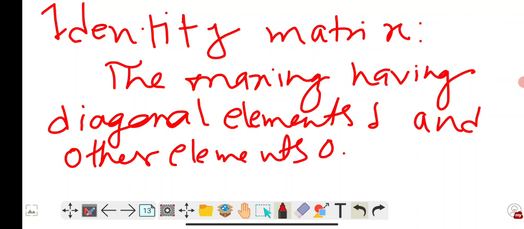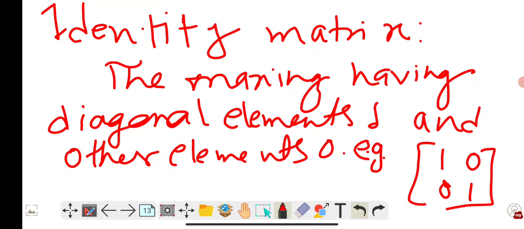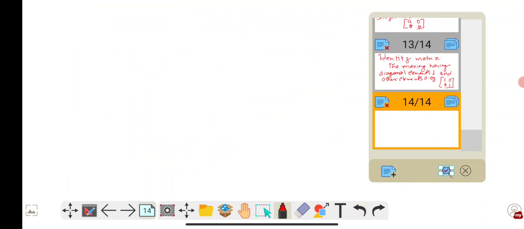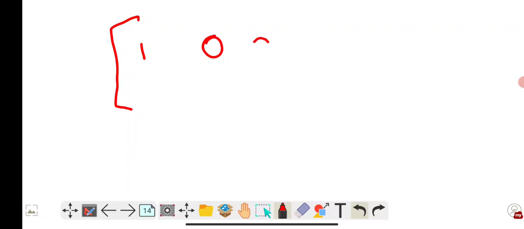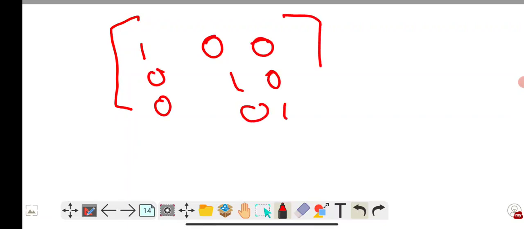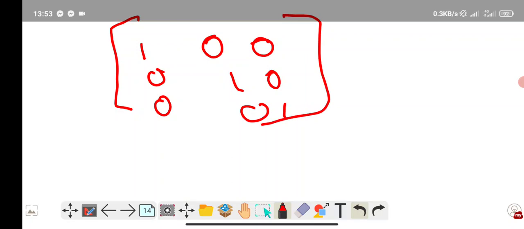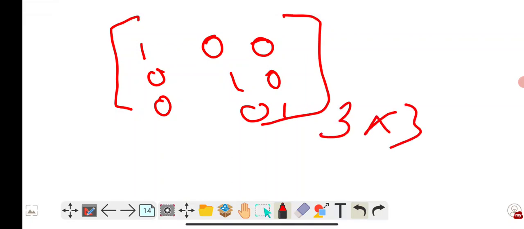For example, we have 1 0, 0 1. It is of order 2 by 2. Now for a 3 by 3 identity matrix, we can take 1 0 0, 0 1 0, 0 0 1. This is our 3 by 3 identity matrix.